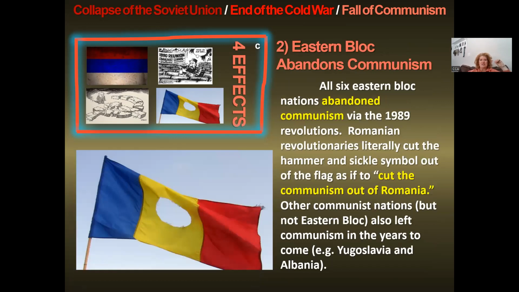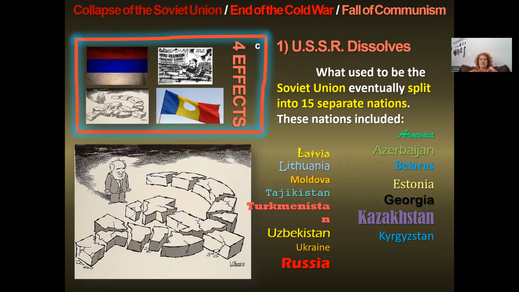So the 6 Eastern Bloc nations. Let me just make sure you understand the difference. These countries were part of the Soviet Union. When the Soviet Union existed, they weren't considered independent nations.